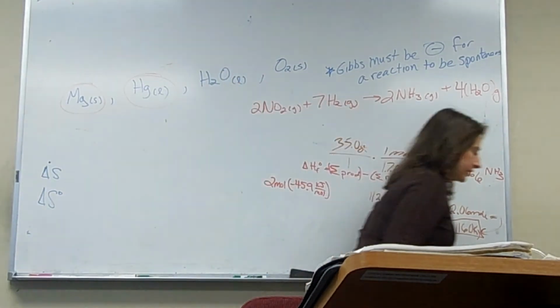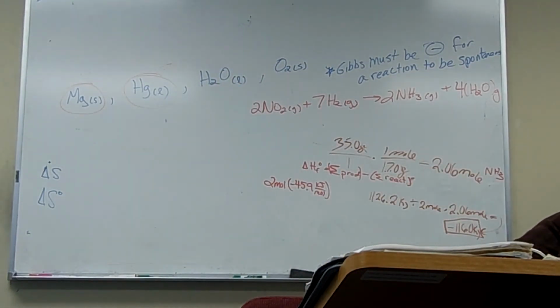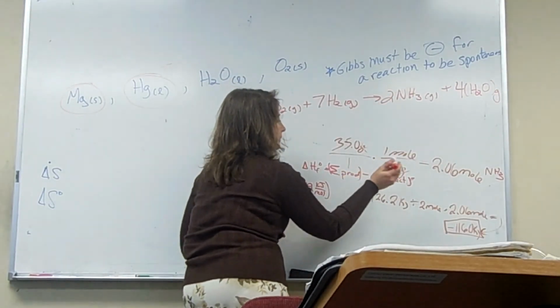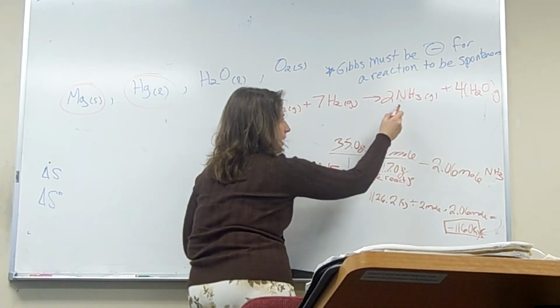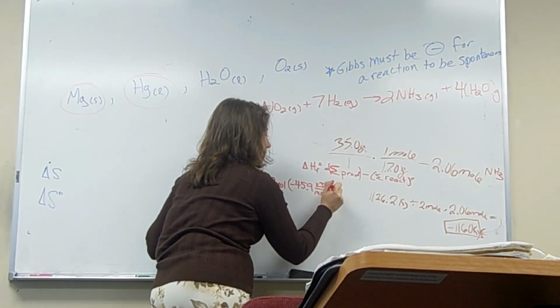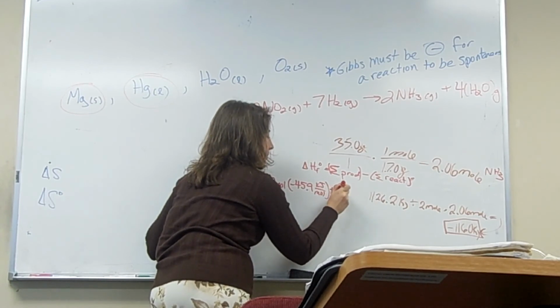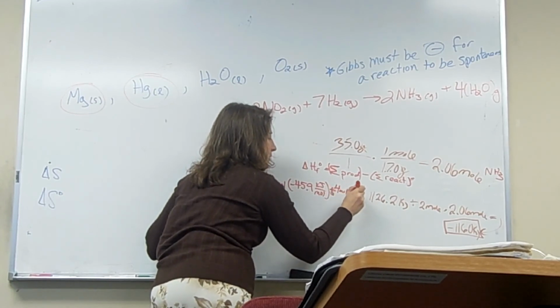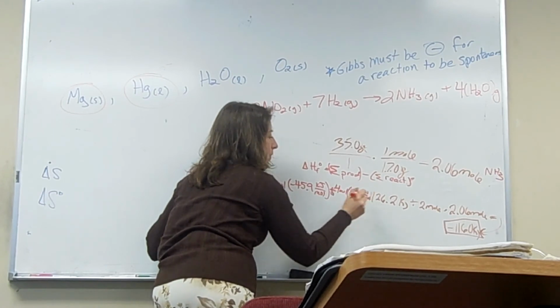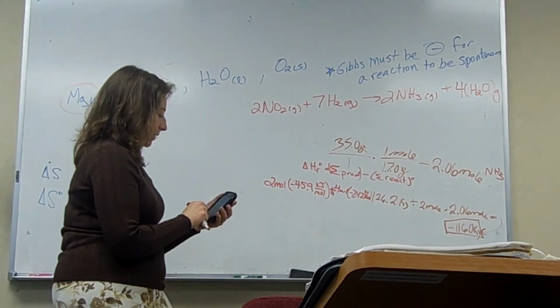And here's what I suspect you did. I'm guessing that negative 242 times 4 moles, well, this would be a plus sign, 4 moles times negative 242 kilojoules per mole. That's water's standard enthalpy.